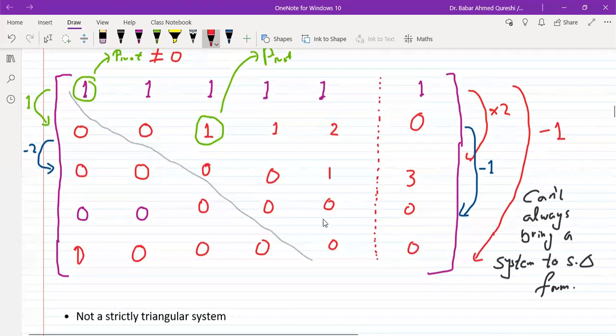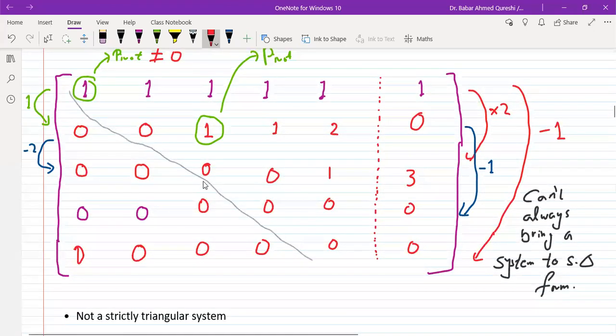In this case, now this matrix is not triangular at all. Well, it's triangular, but not strictly triangular. It's triangular because things below this diagonal are zero. It's not strictly triangular, because you have zeros all over here, on the diagonals you have zeros. So, it's not a strictly triangular system.